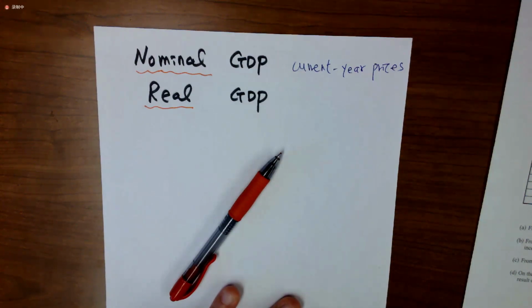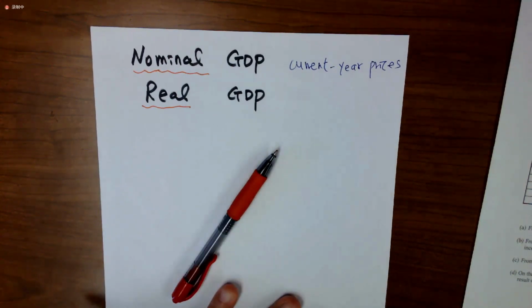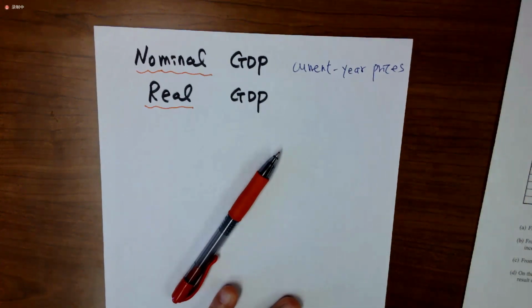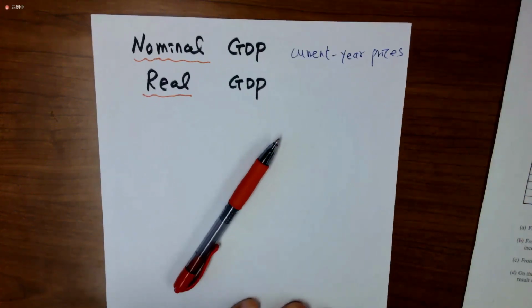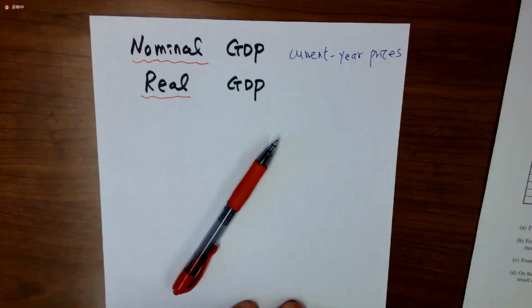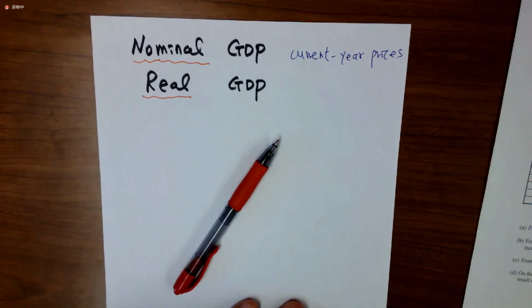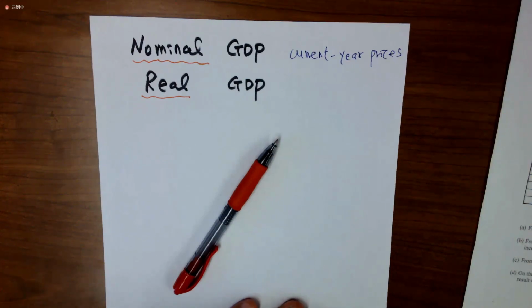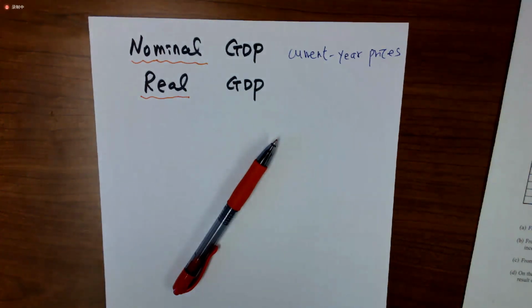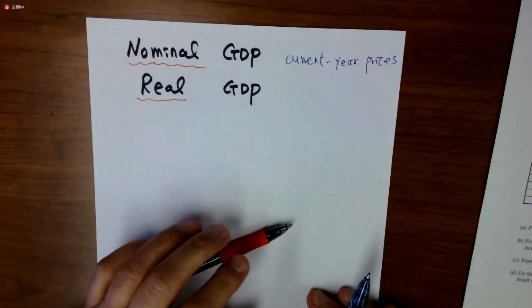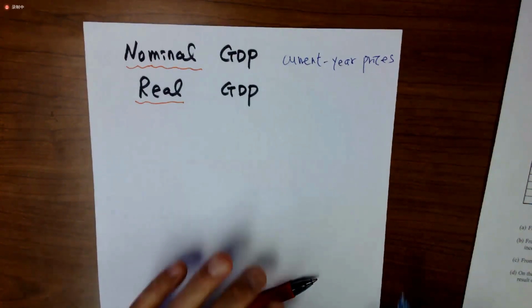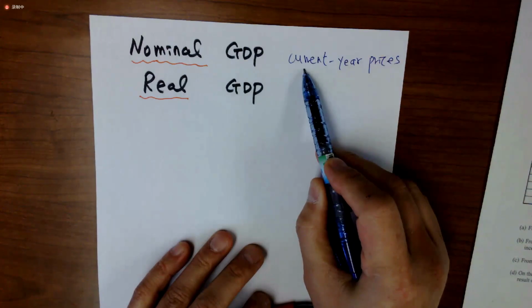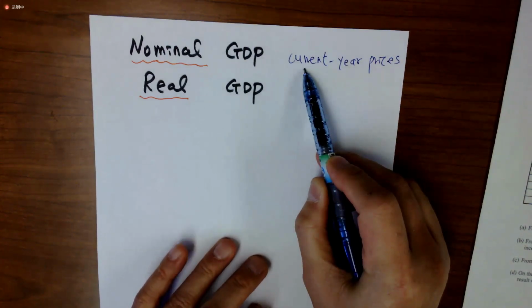Yes. Now, moving on in terms of real GDP, you're talking about the same thing, which has to do with the total market value of all the final goods and services produced within the boundary of a country, such as the US, for a given period. But the key difference is that nominal uses the current year prices.